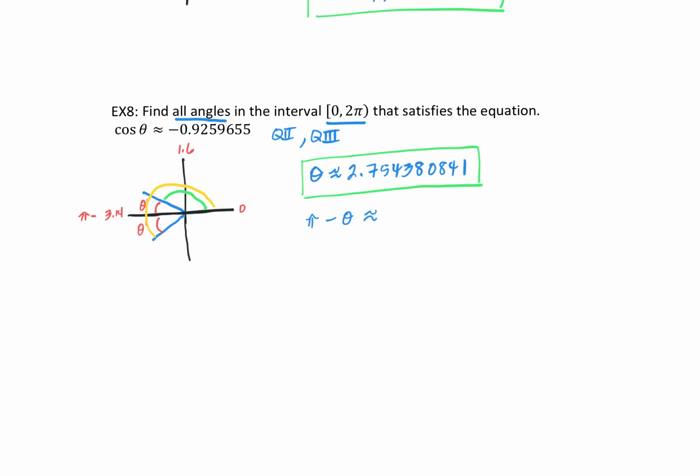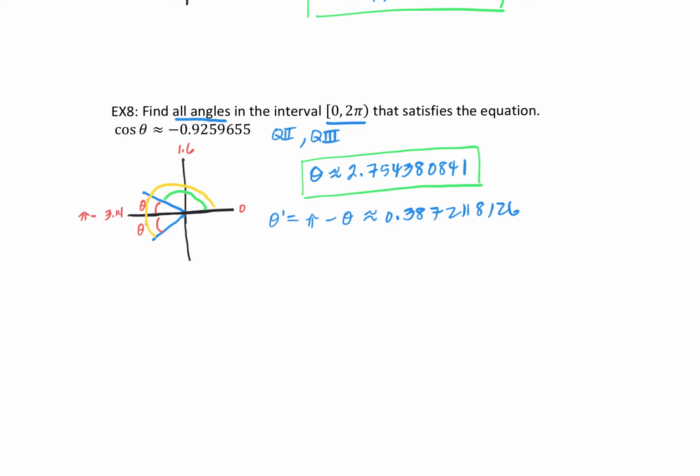Let me see. Okay, so it looks like I got 0.3872118. So this angle is that reference angle.